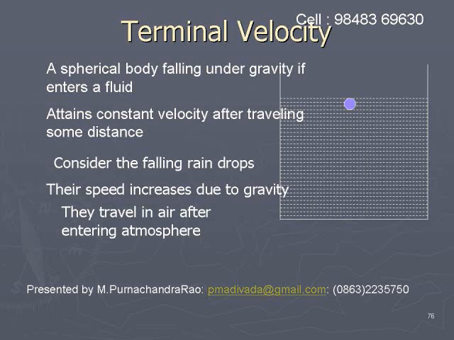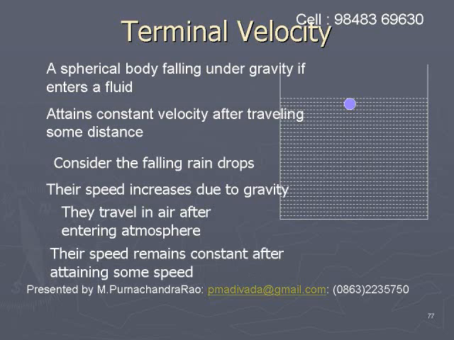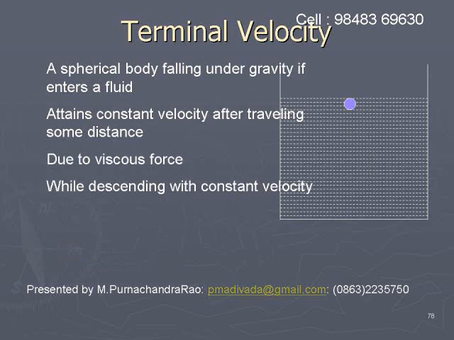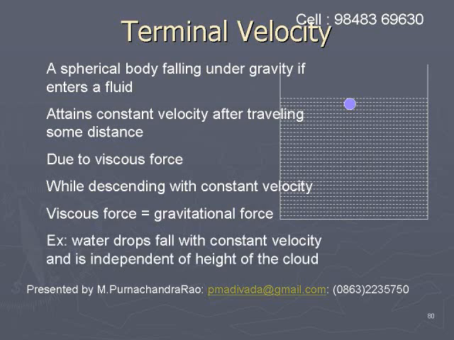But after entering the atmospheric air, this continues until the force of gravity is equal to the viscous force. The force of gravity is equal to the viscous force, and the velocity attained at this stage remains constant, and the water drops fall with constant velocity.